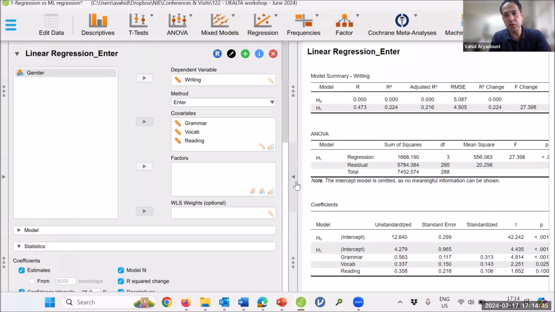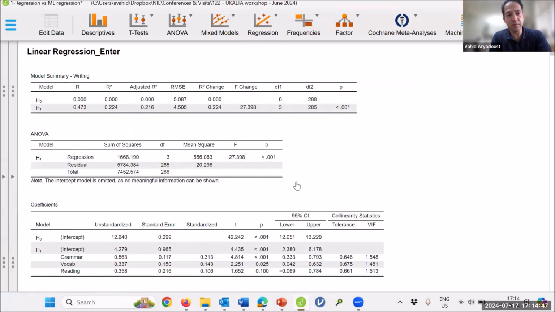If you don't include any predictors in your model, and you just want to predict writing by the mean of writing, you will have a lot of error in it, such that the adjusted R-squared is 0, the R-squared itself is 0, the RMSE is much larger than the RMSE of the first model that you calculated, and the R-squared change is quite significantly high.